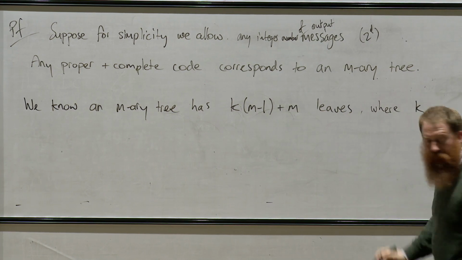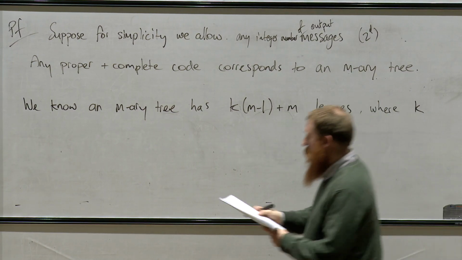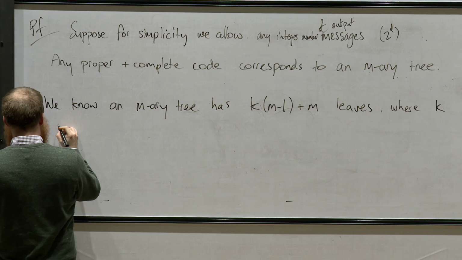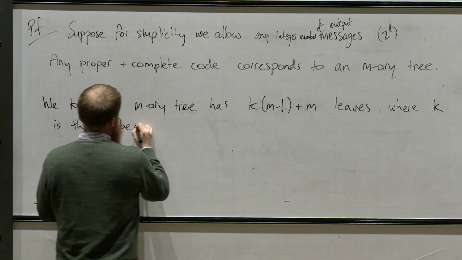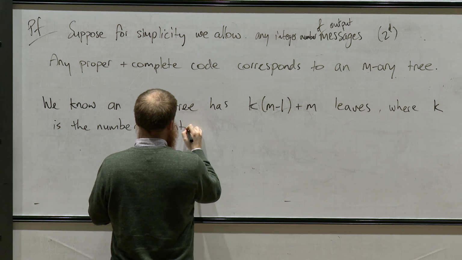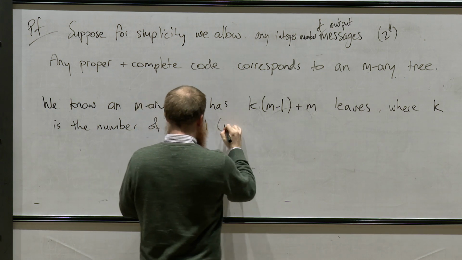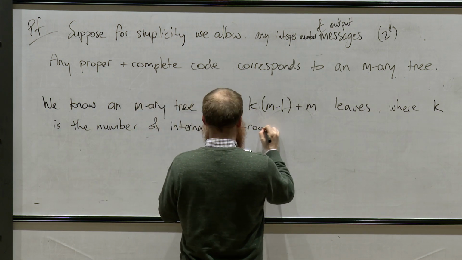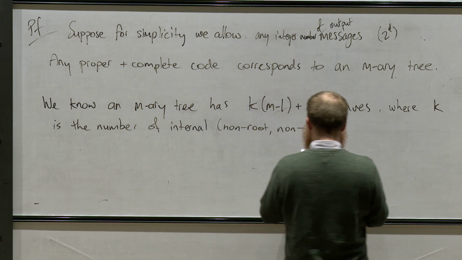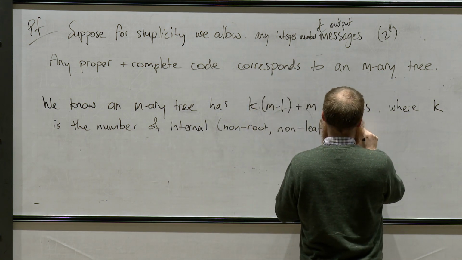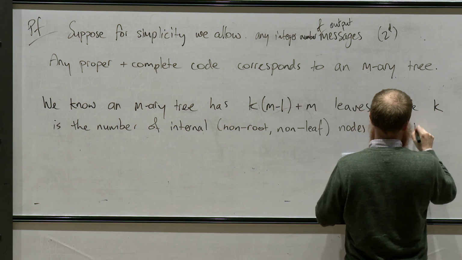where k, what's k, you can actually say what it is: the number of internal, non-root, non-leaf nodes in the tree.